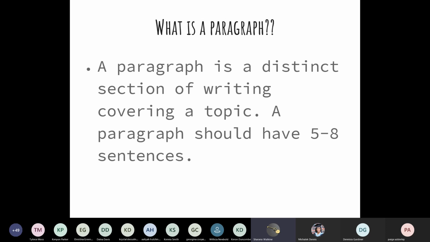Which one seems more, I didn't say it's shorter, which one seems more digestible? Which one seems easier to handle? The block of 300 words, or 5-6 paragraphs of 300 words? Yeah, they're saying broken up paragraphs.